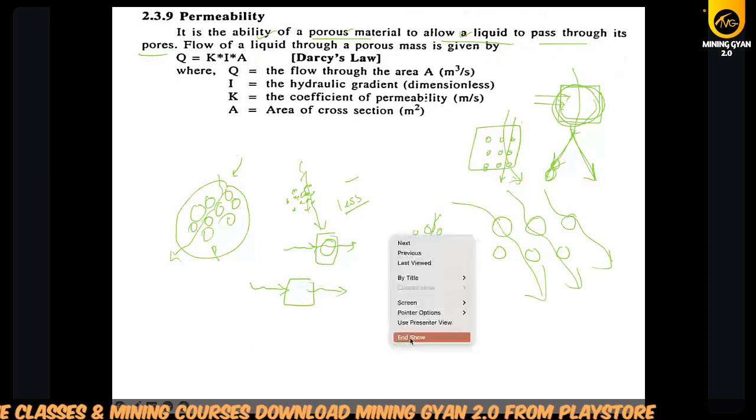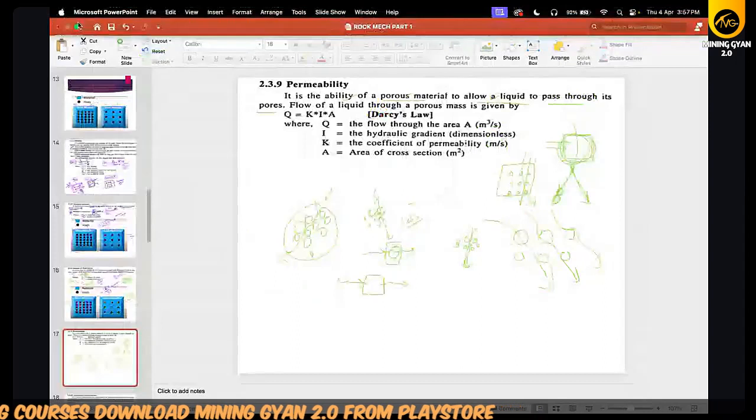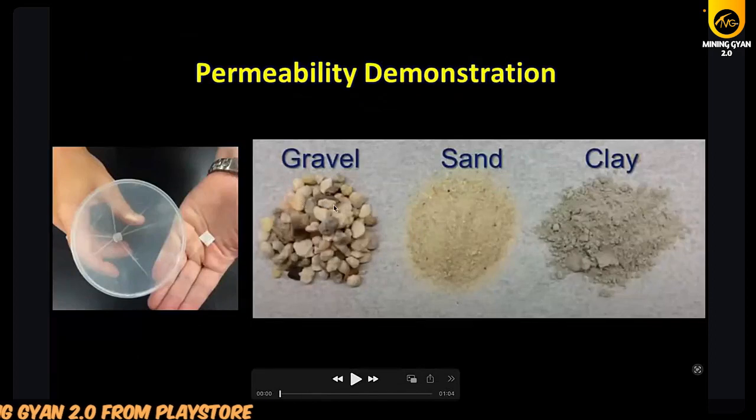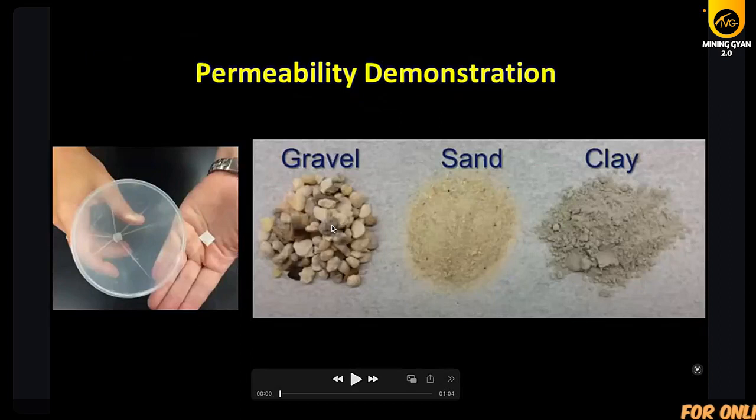If I have any video, I will show you so you can better understand permeability. Suppose this is gravel, this is sand, and this is clay. In the gravel you will find more voids or more pores, so you will find more space in the gravels. Air can be stored more, water can be stored more.